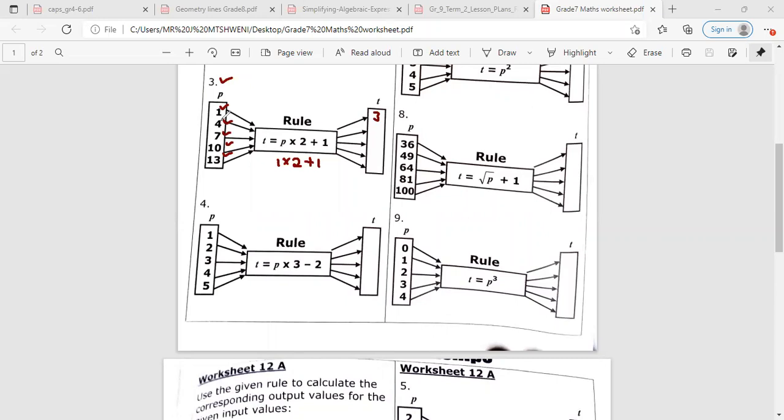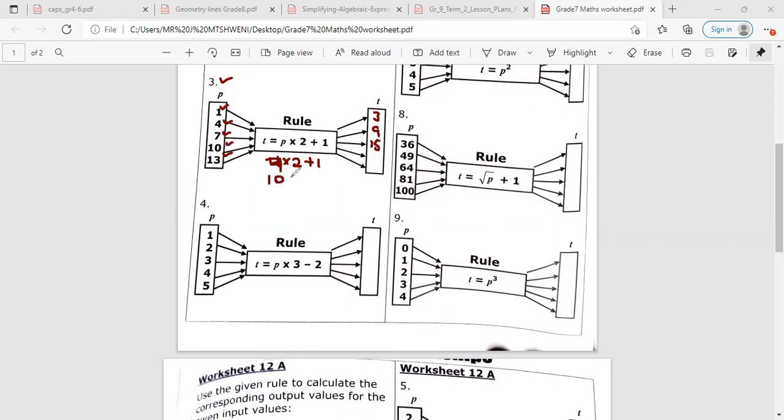Then we come to the second one. Now it's 4, replace with 4. 4 times 2, what do we get? 8 plus 1, it's 9. For 7, we put a 7. 7 times 2 is 14. 14 plus 1, what do you get? It's 15. Come to 10.